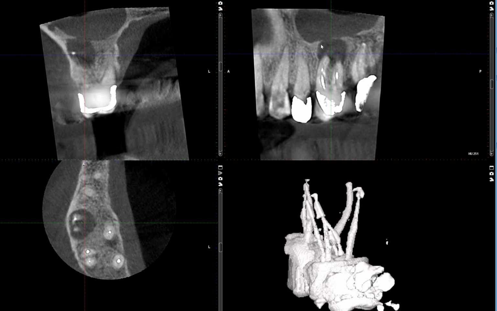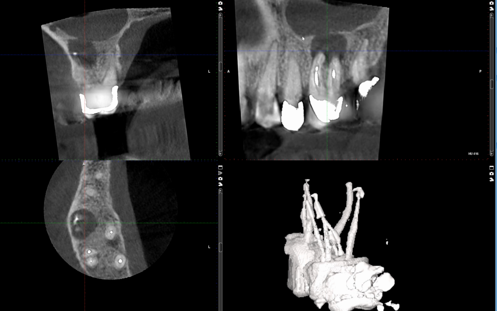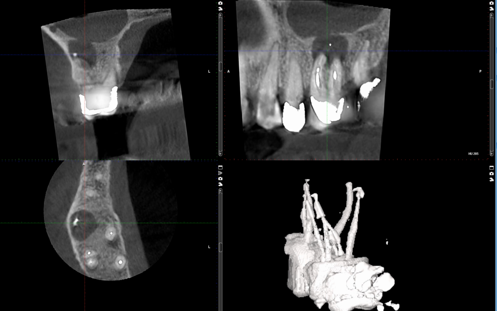So the lesion extends to the floor of the maxillary sinus, and at least to me it looks like it has caused a disruption along the floor. I can no longer follow the cortical boundary of the floor, right over here.